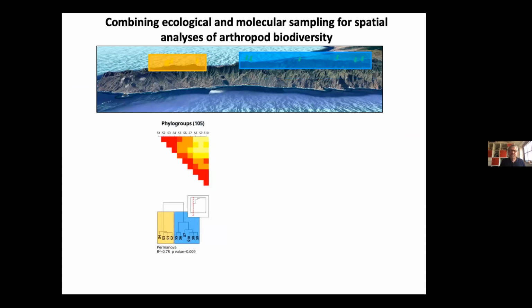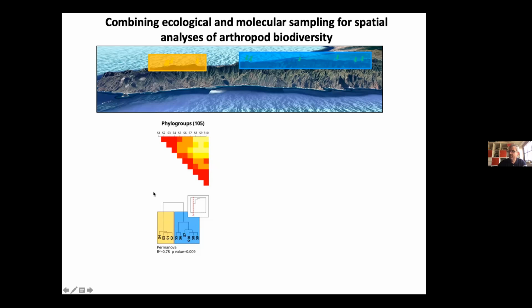And here I'm just going to summarize how repeated that pattern is. So in this heat map, we're showing for these 105 species for which we have sufficient mitochondrial data, the extent of phylogroup sharing among sites. And it's also summarized down here in this hierarchical clustering tree.